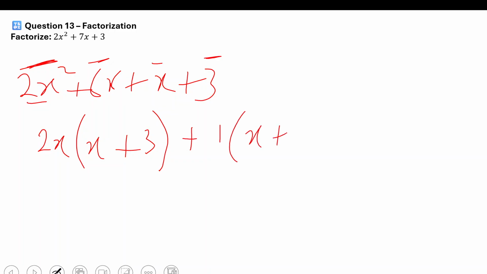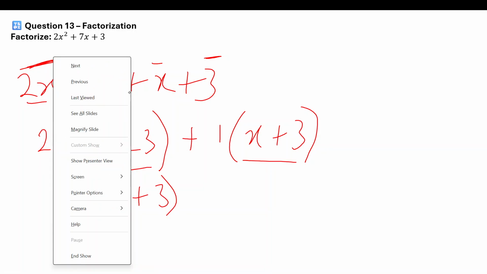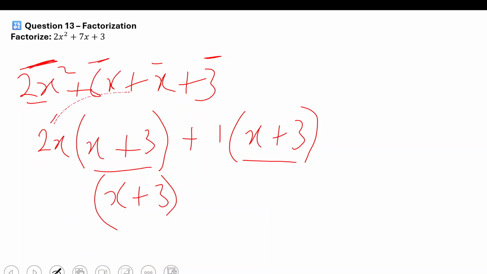Have x plus 3. So you have to look for what is common in the two terms, right? So if you inspect, you see that this factor and this factor are the same. So I take them as 1, x plus 3, and this one outside and this one outside, we'll take them as another factor, 2x plus 1. So this is the final factorization.